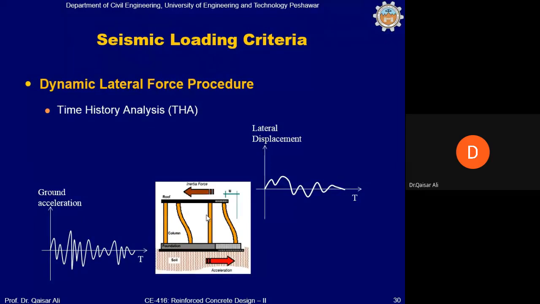But keeping in view all the statistical combinations and permutations, we make some use of our statistical knowledge in order to predict the behavior of the structure for future earthquakes. So for this purpose, either artificially generated earthquake records are used, or records of past earthquakes are used, and then they are modified according to the soil conditions and other requirements. And then the response is calculated numerically in this form.